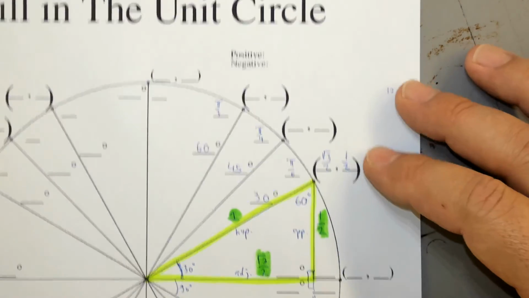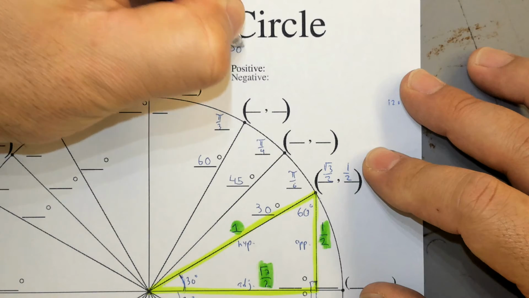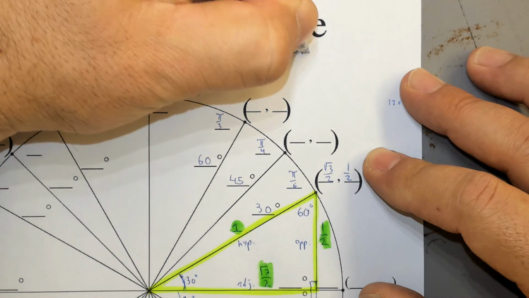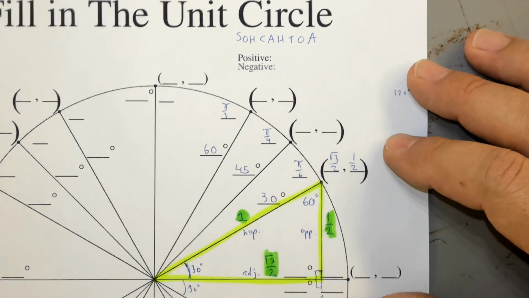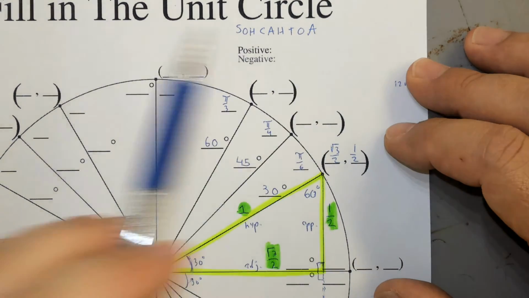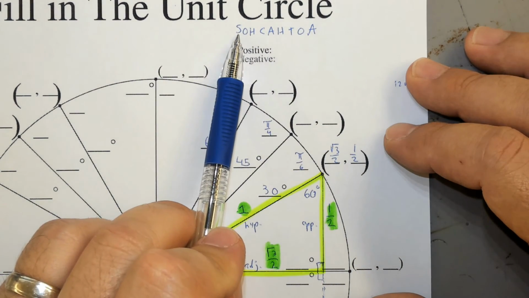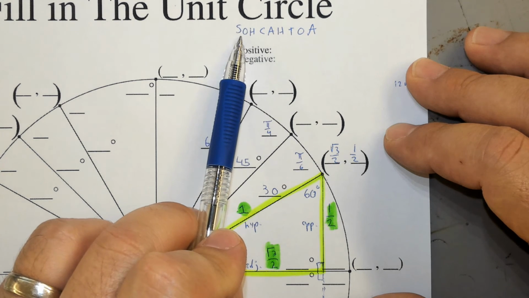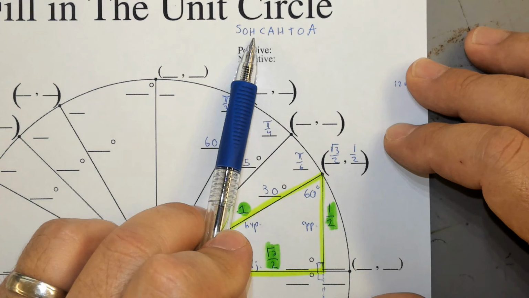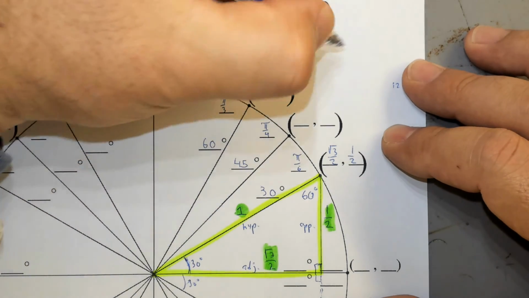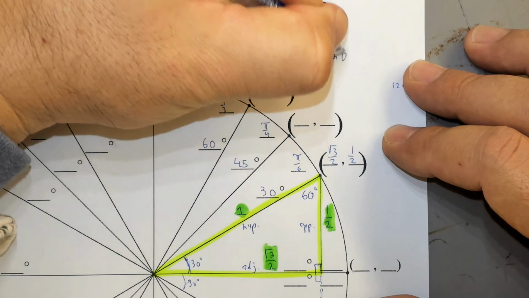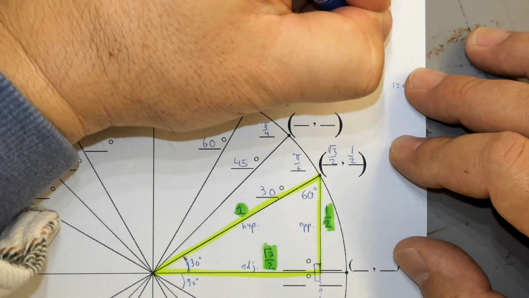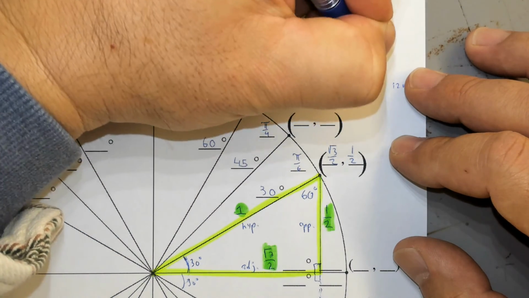Because think back to SOHCAHTOA. Think back to SOHCAHTOA. What is sine defined as? What's the O? Opposite over H is what? Hypotenuse. So the sine of your angle is equal to opposite over hypotenuse.